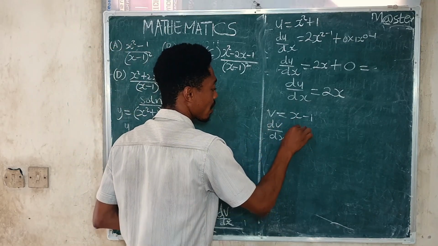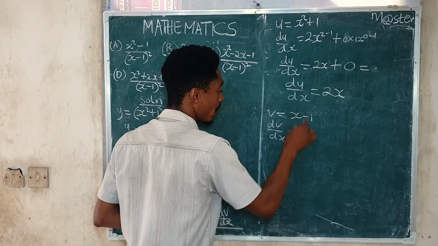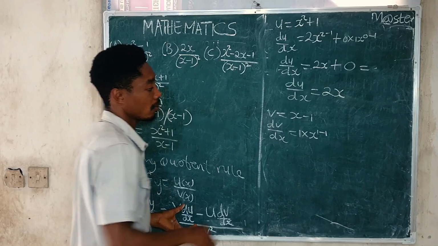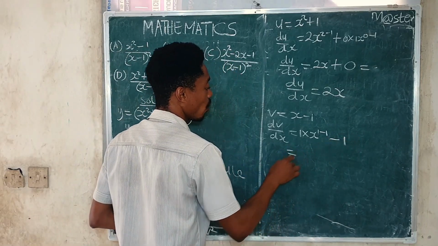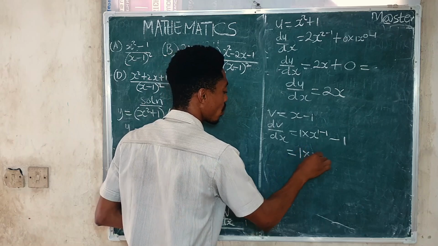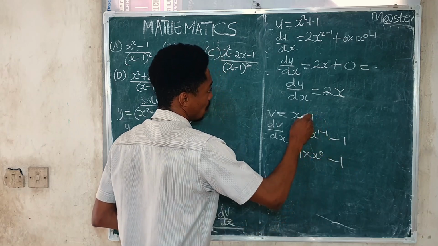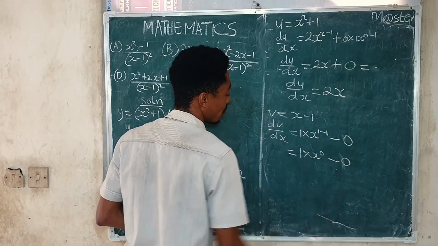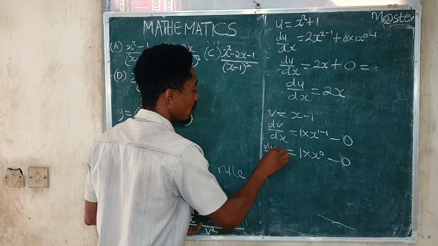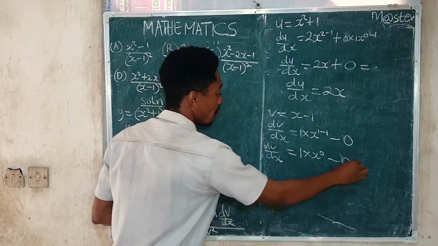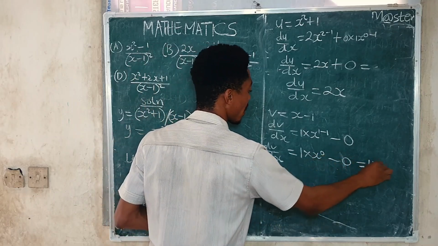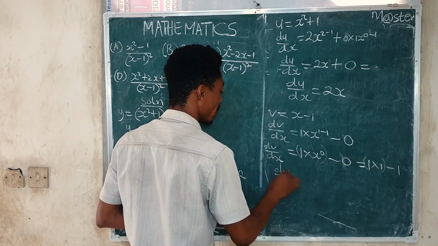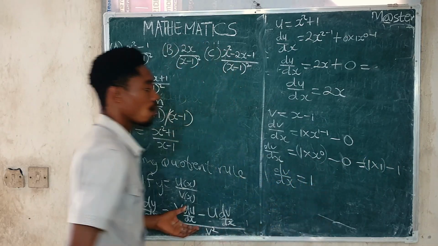The power here is 1, so this is 1 times x raised to the power 1 minus 1, and the constant minus 1, when differentiated, gives us 0. So dv/dx equals 1.